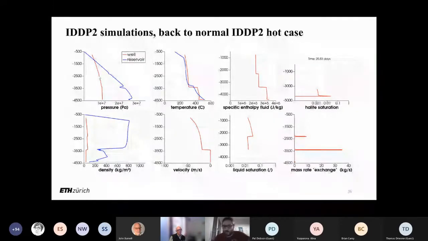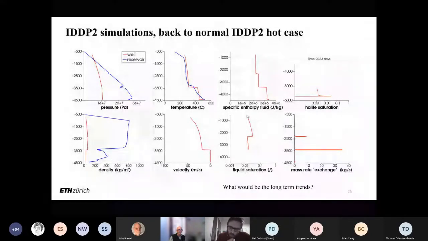And this is actually the best we can expect, I think, with a large inflow from this middle feed zone. And luckily it's just cold enough so that we have a little bit of liquid remaining in the well that can actually transport most of the salt out of the well.